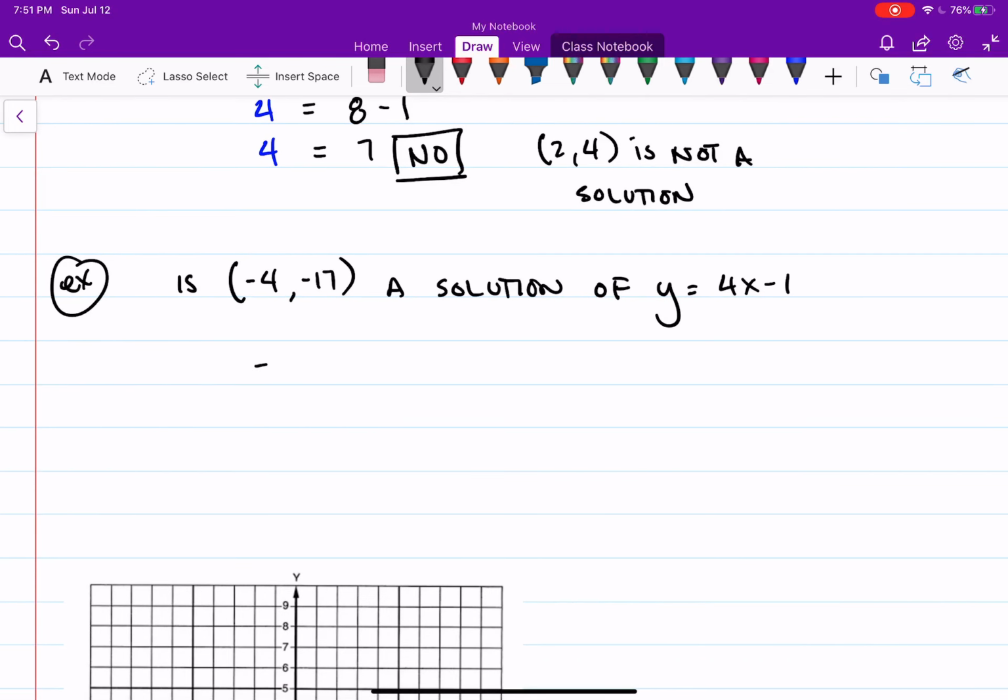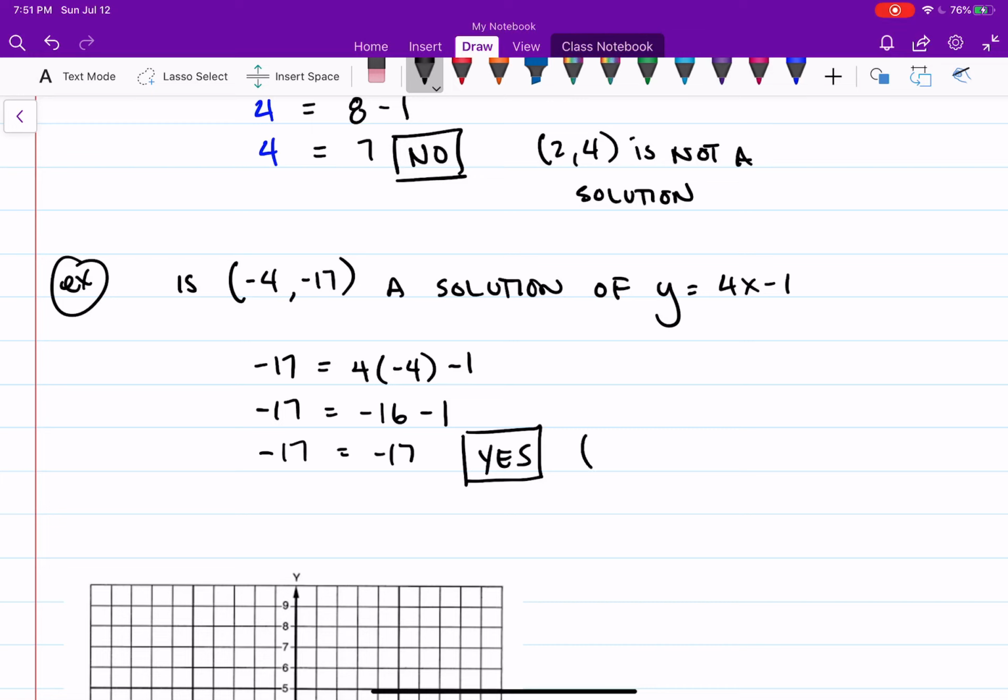So we would say -17, is that equal to 4 times -4 minus 1? So is -17 equal to -16 minus 1? -17, is that equal to -17? Yes. So (-4, -17) is a solution.